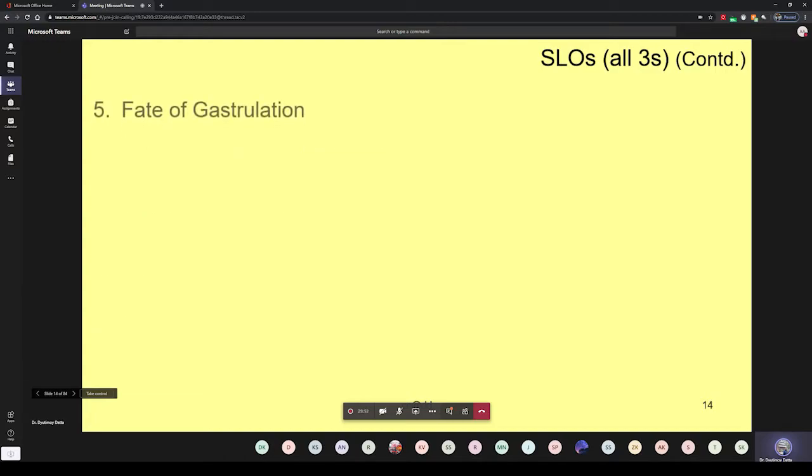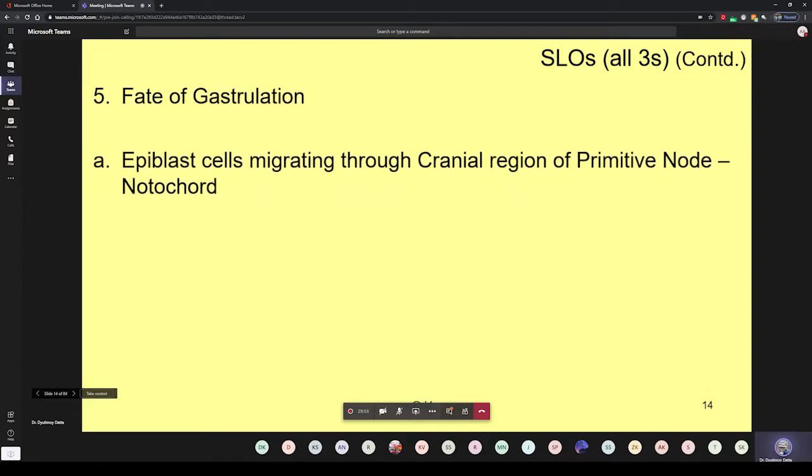Next, what is the fate of gastrulation? This is important. The epiblast cells which are migrating through the cranial region of the primitive node, the primitive node itself being the cranial most part of the primitive streak, form the notochord.